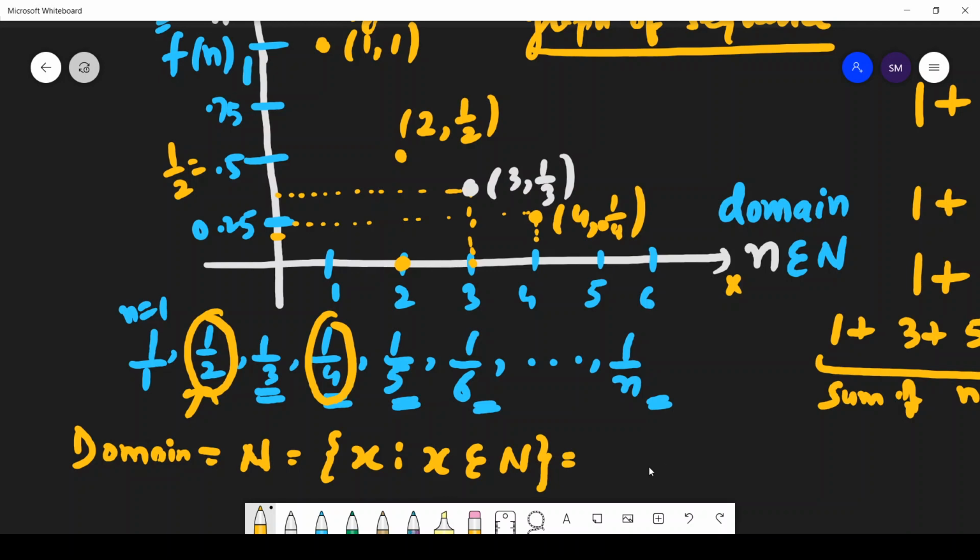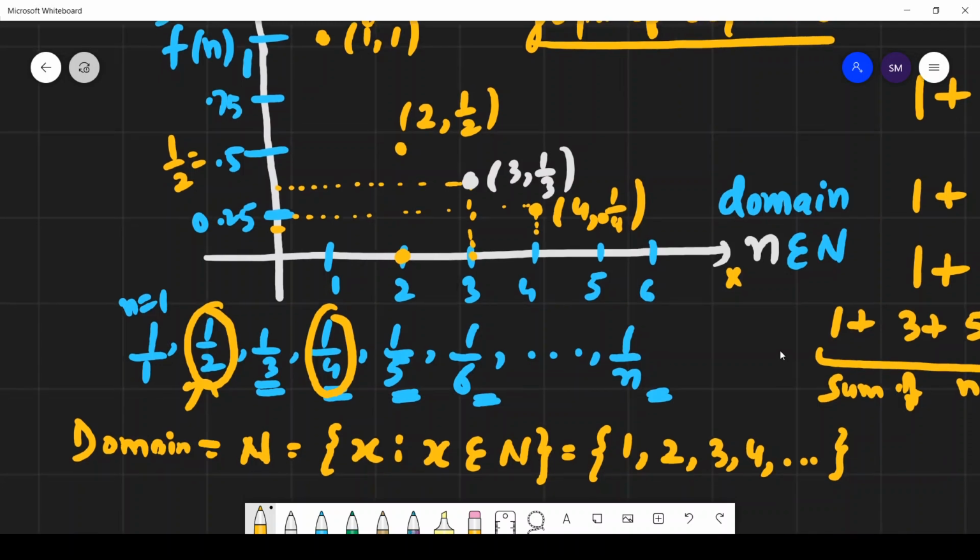Write it down, no problem. What is N? It is the set of x such that x belongs to natural numbers. This is also a way of writing. And what other way, sir? 1, 2, 3, 4, comma and 3 dots. This is also a way of writing the set, the domain, isn't it?